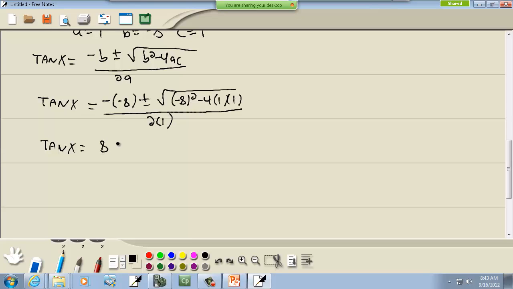Negative negative becomes positive, so we got positive 8 plus or minus the square root of 64 minus 4 times 1, which is 4, over 2, which gives us 8 plus or minus square root of 60 over 2.